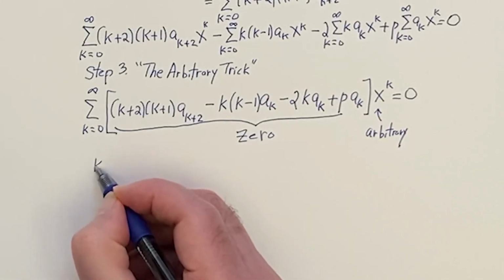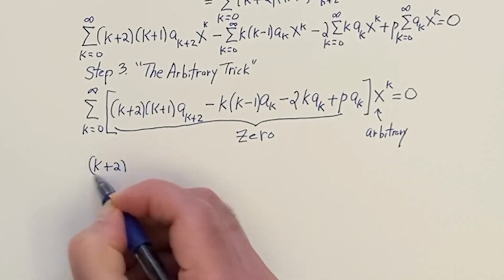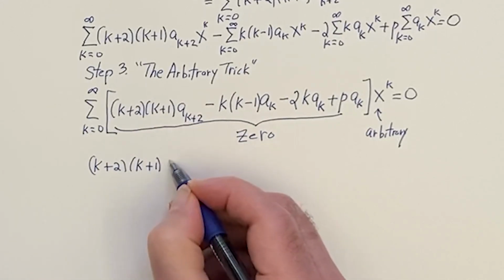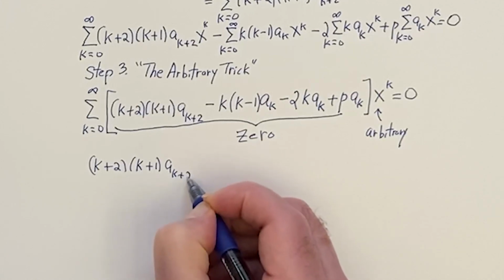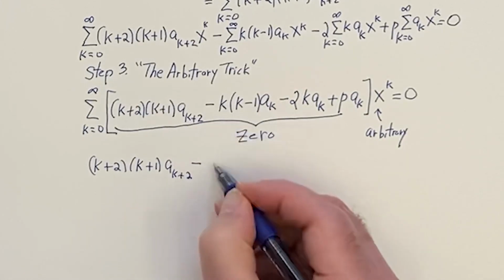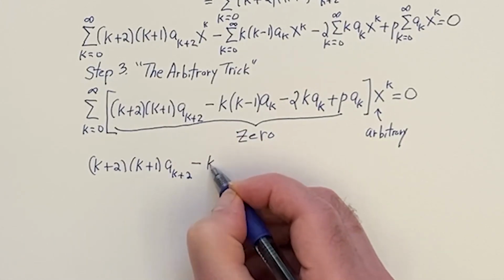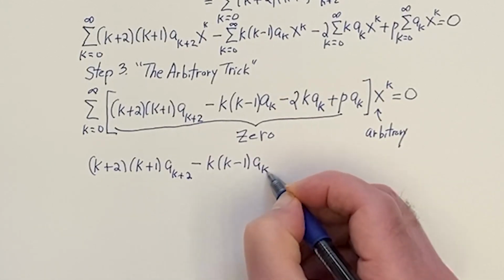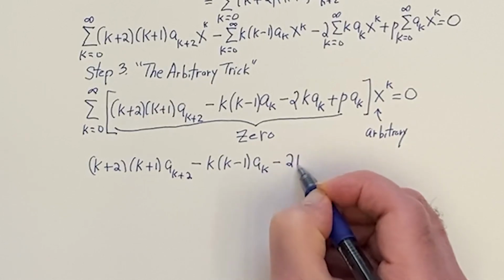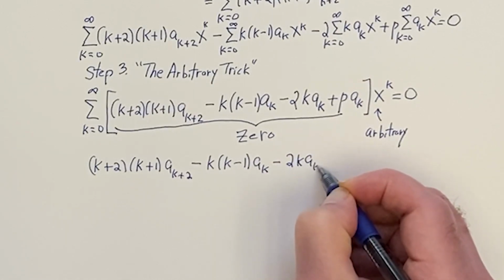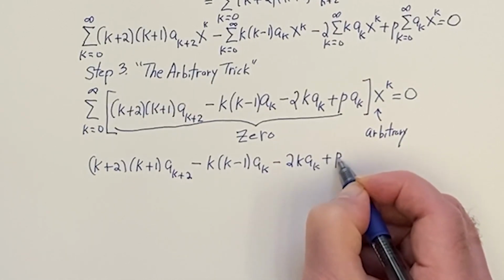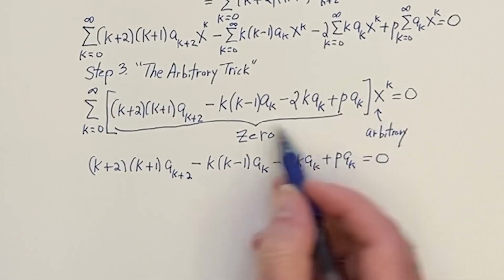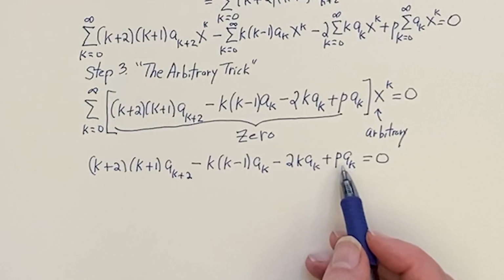So that would be k plus 2 times k plus 1, a sub k plus 2, minus k minus 1, a sub k, minus 2, k, a sub k. We're just copying what we have here down there.